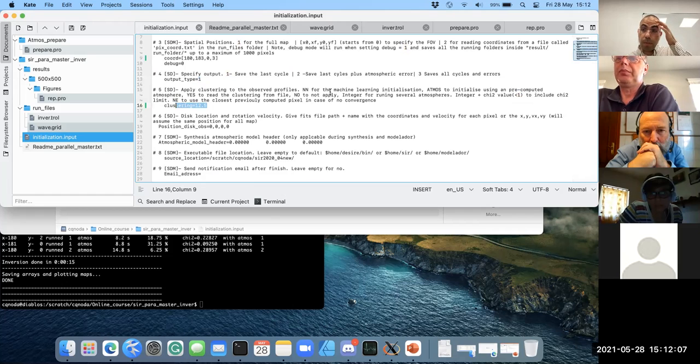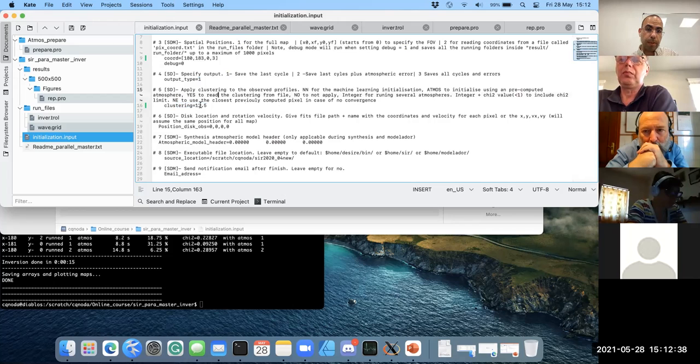The idea is that the code will allow you to pre-compute a given atmosphere, sometimes with neural network procedures, and then you can use that as an initial atmosphere for the inversion. But this is a very specific case, and what I want to cover today is the standard case that you should always follow, and then you can complement with additional cases. This is the standard one that I recommend you to use.